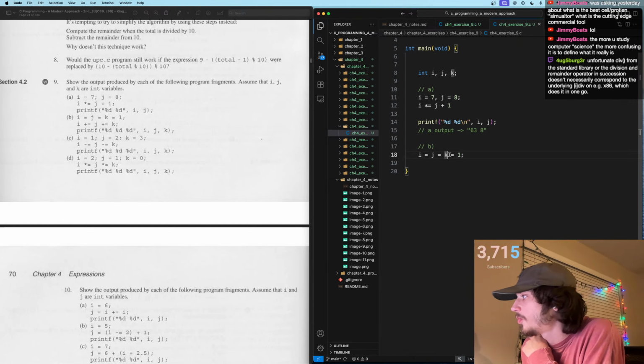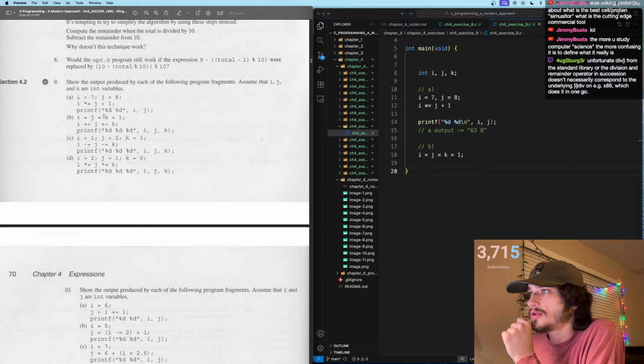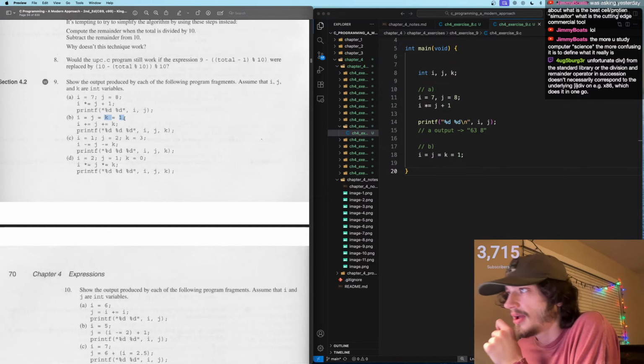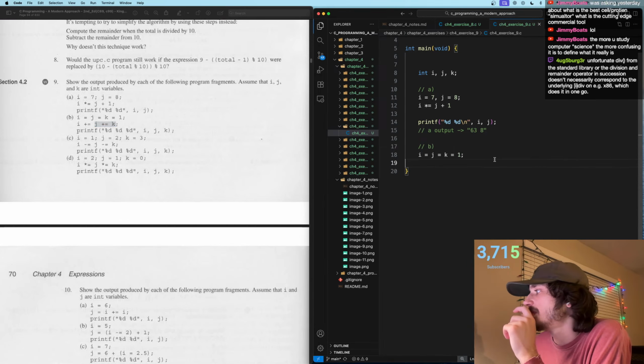So k is going to become 1, j is going to equal what k is, 1, and i is going to equal what j is, which is 1. Now I'm curious. This is going to set all of these values to equal the same place in memory as this k value. Oh, this is going to be interesting.